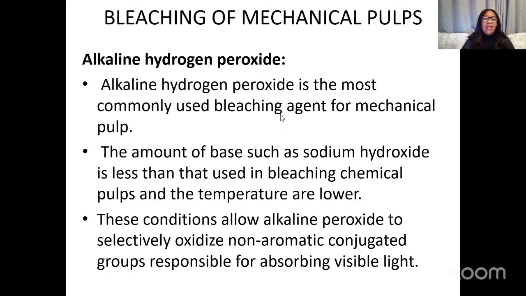And then the chemical used here is alkaline hydrogen peroxide. It's the most commonly used bleaching agent for mechanical pulp. The amount of base, such as sodium hydroxide, is less than that used in chemical pulps, and the temperatures are lower in the case of mechanical pulp bleaching.